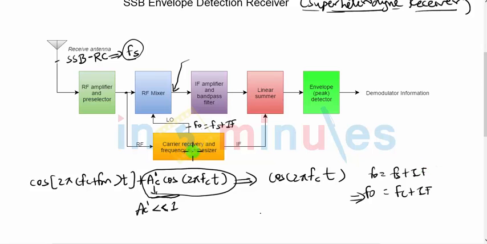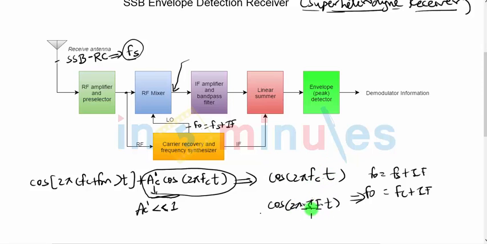So the carrier recovery and frequency synthesizer block will also generate another frequency, which is IF, independently. So I repeat, it gets the carrier frequency from the carrier recovery block. There will be an oscillator inside which will give us the intermediate frequency, or even if there is no oscillator, from the recovered carrier signal only, by performing various operations, we will generate the intermediate frequency.